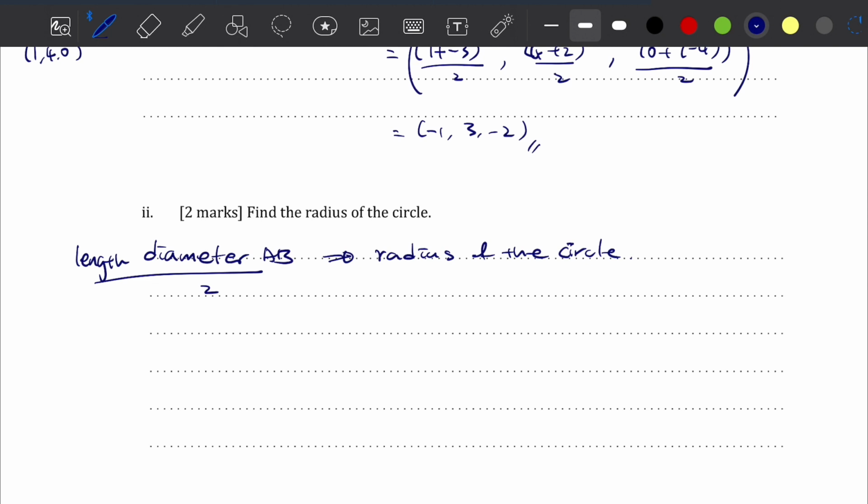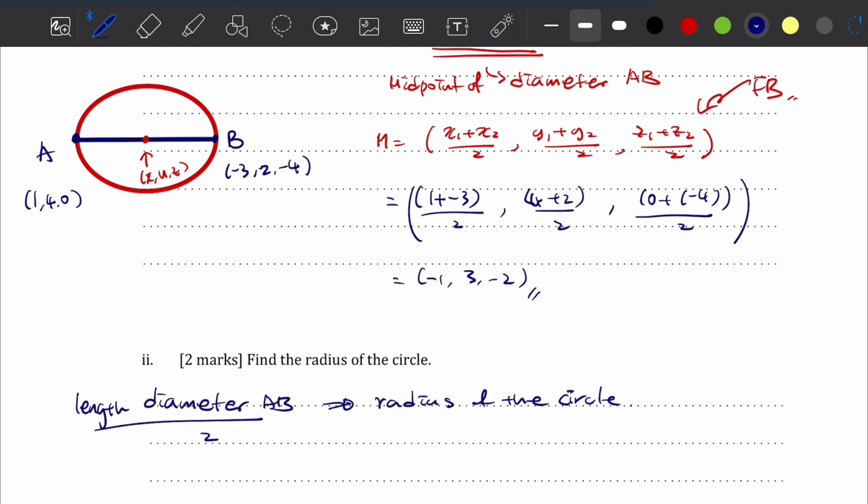Or we can calculate the distance from the center to either point B or point A, because we just calculated the center, which is the midpoint of the diameter AB.